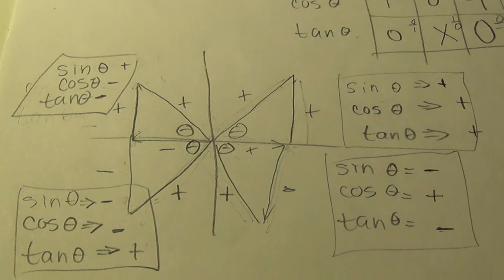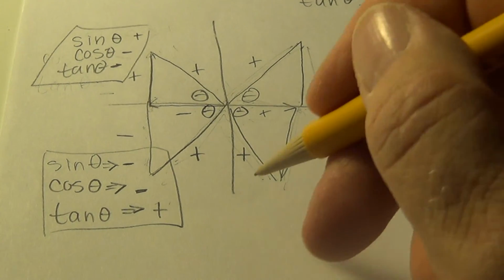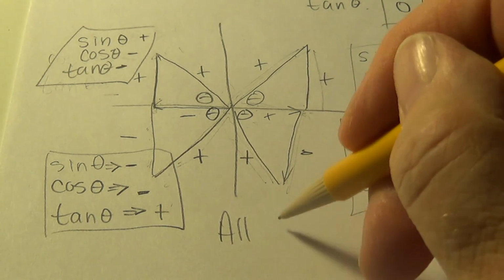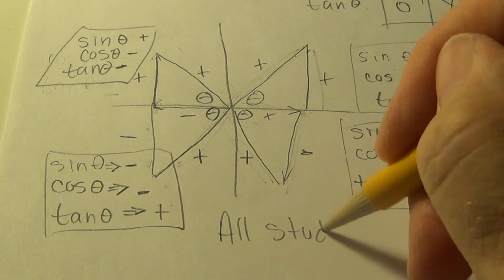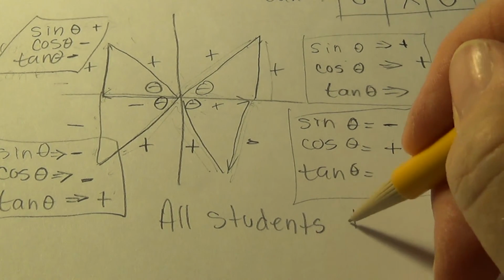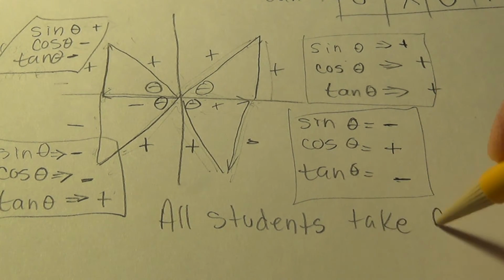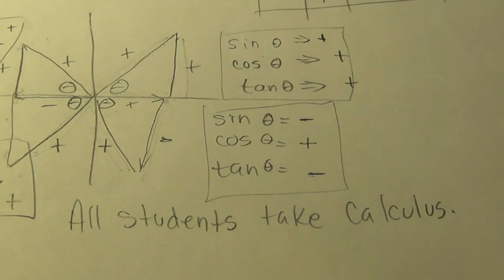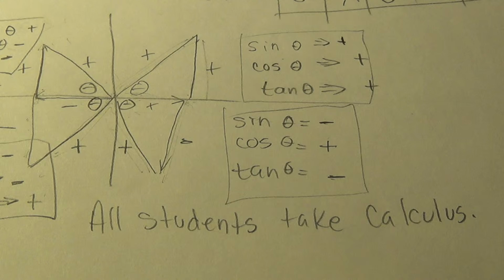All right, there is a little phrase that will help you remember that, and I didn't make it up, and even though it's not all true, we can still use it. All students take calculus. And that's a common phrase used when this is taught in many textbooks and by many teachers.